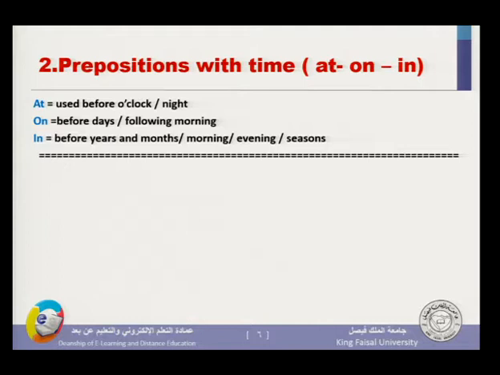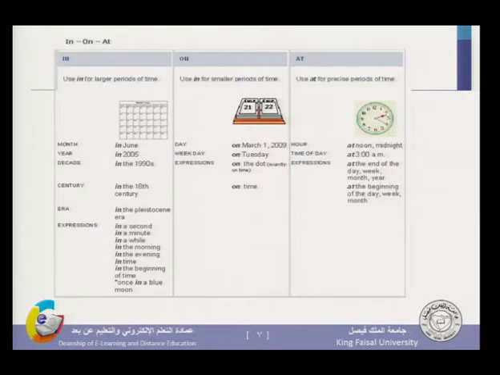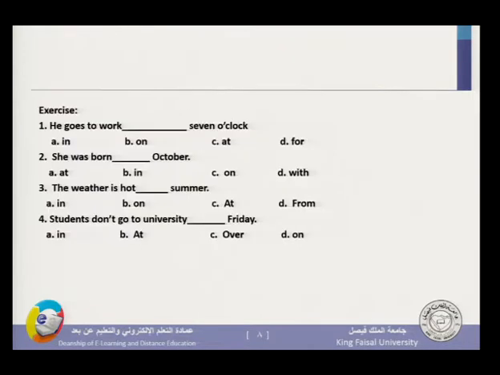In before years and months, I say in 1973, for example. Months, in May, morning, evening, and seasons. This chart also explains what I have just said. He goes to work at 7 o'clock, because I determined the time, so at is to be used.